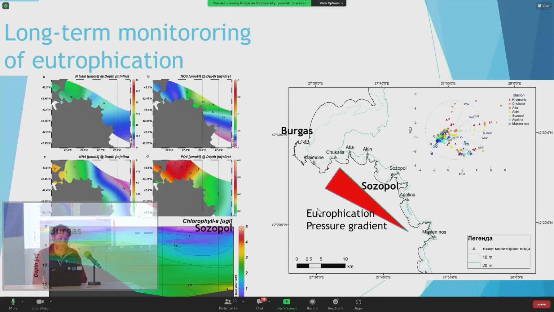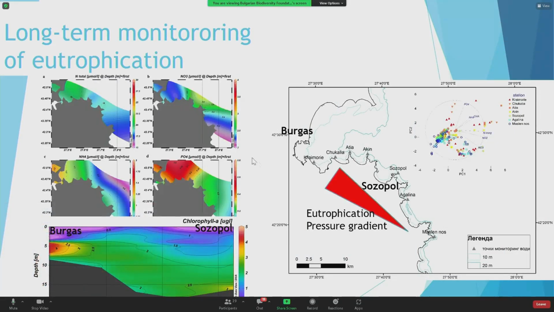Just to give you an example of that, this is a map of the southern coast of the Burgas Bay. Burgas is here, and this is southward to Sozopol. Our monitoring has shown that there's a gradual decrease in the concentration of nutrients from the inner Burgas Bay towards Sozopol and Cape Maslenos in the south. It's not something seasonal, this is a continuous process.